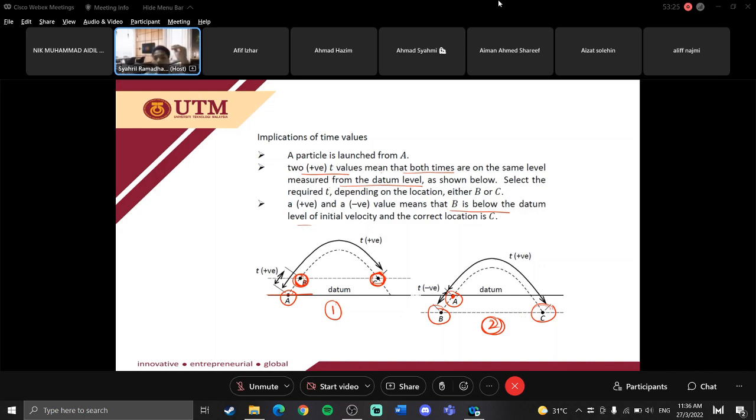So that's why you choose the positive time, and the correct location is point C. We don't take the negative time. So you will notice that when you do the analysis, which time you need to choose, whether negative or positive, depends on the location of the reference point, whether it is above the datum or below the datum.